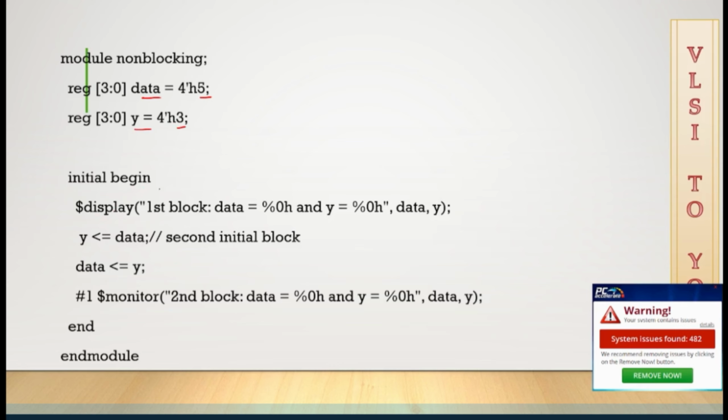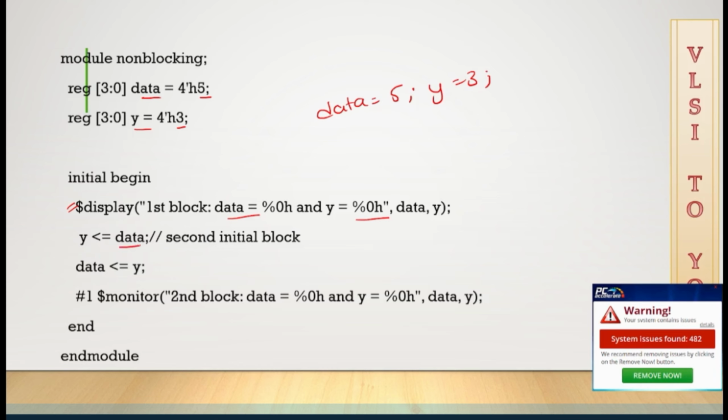Now within initial and begin, first I have taken display, in order to display the original values. So what is my data? Data is 5 and then y is 3. These are my original values. Then I have started the transformation.